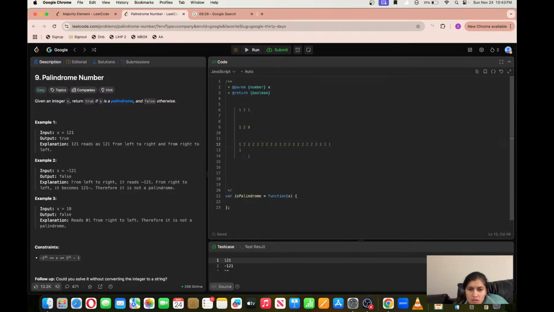And suppose this is 32 digit, then how will I know if this is a palindrome or not? Since this will be 32 digit, this will be 32s and this will be 1s.